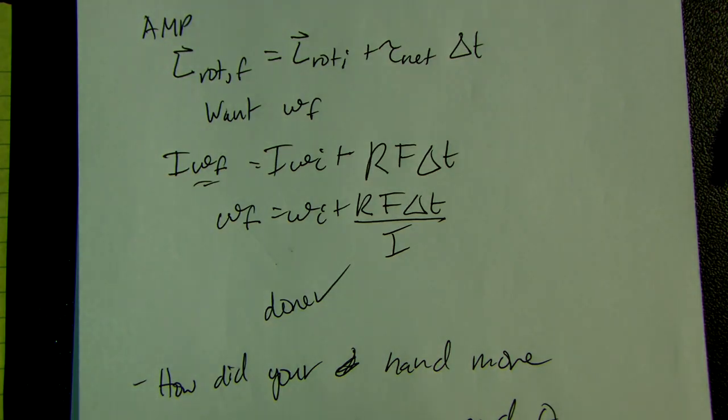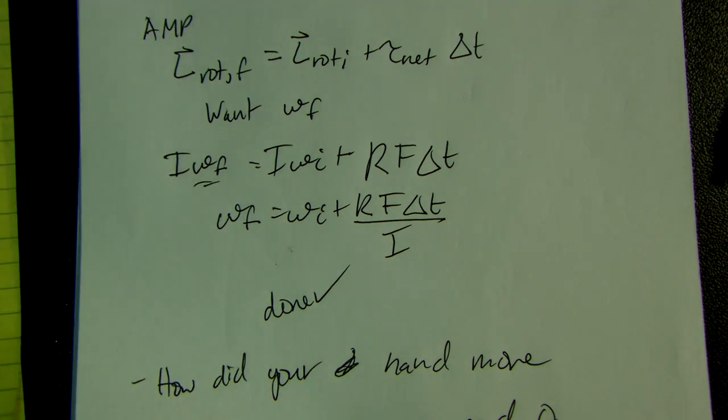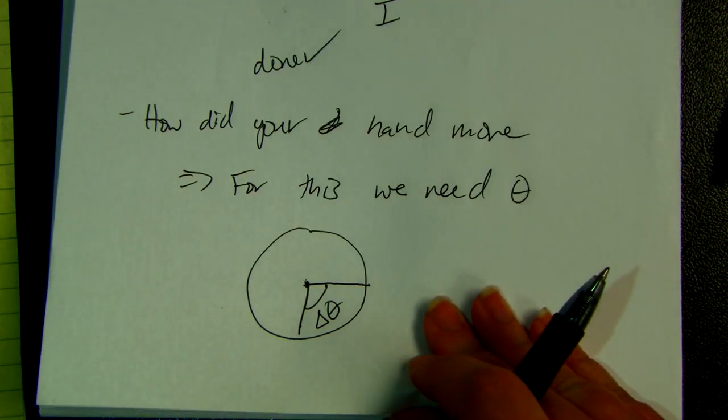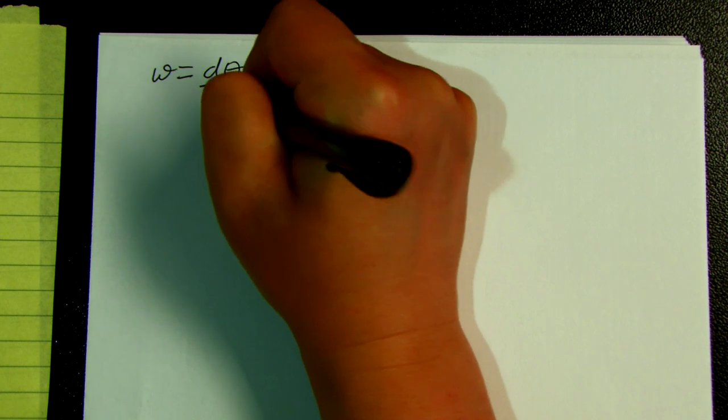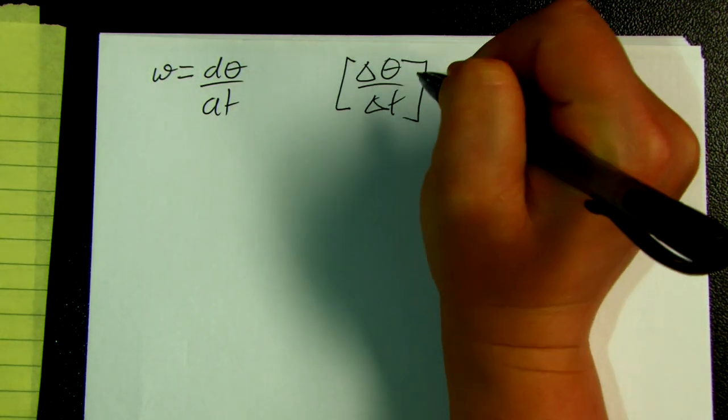So we need to go after the rate of change of the angle theta and how it pertains to angular speed. So angular speed is equal to d theta dt, which is just another way of writing delta theta over delta t.